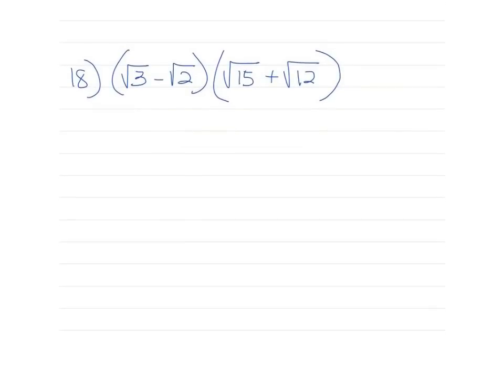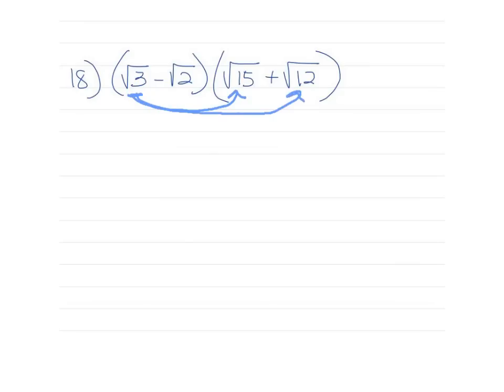Number 18. Here we're multiplying two binomials with radical expressions. So we will use the FOIL method. We will distribute the radical 3 times radical 15, radical 3 times radical 12. Then we will distribute negative radical 2 times radical 15, and then times radical 12. Okay, let's work on radical 3 times radical 15 first.